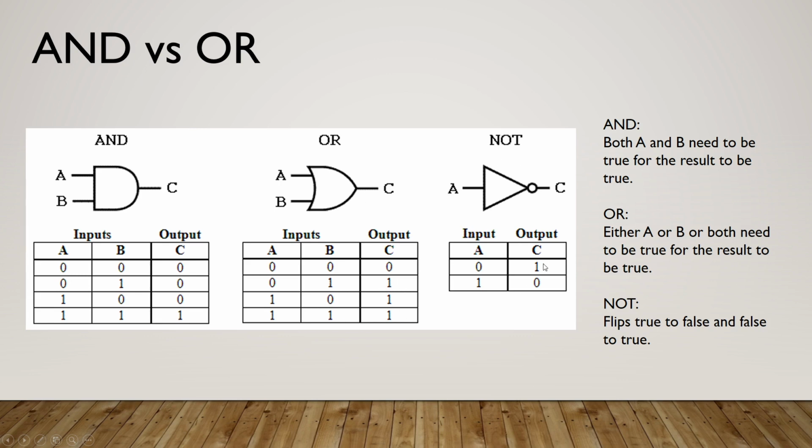And NOT, we'll just flip the result there. Okay, so remember those things. You can use them in conditions, right? So maybe you have a variable x is true or false, and y is true or false, or some condition x is greater than 5, and y is less than 6. Those 2 conditions can be put together in a statement.